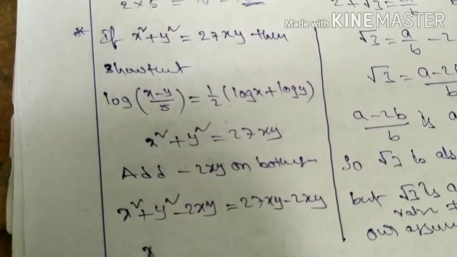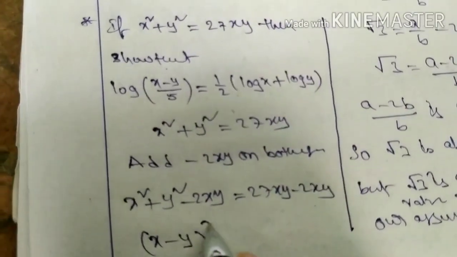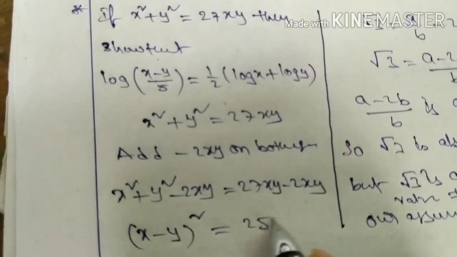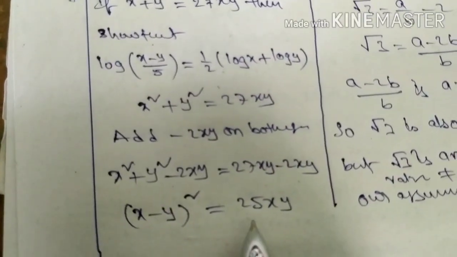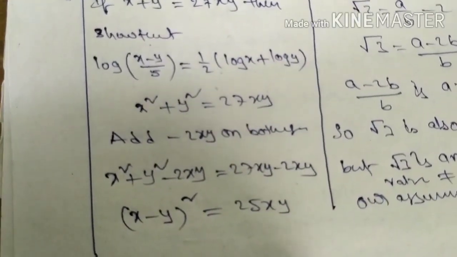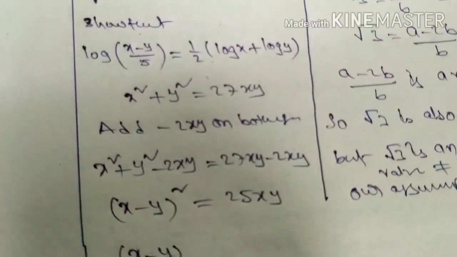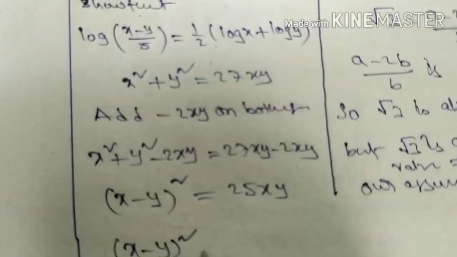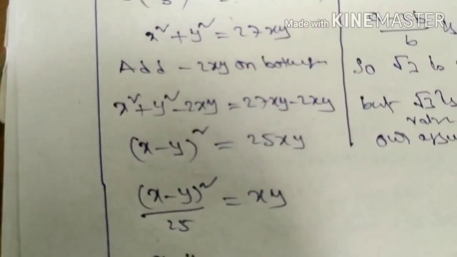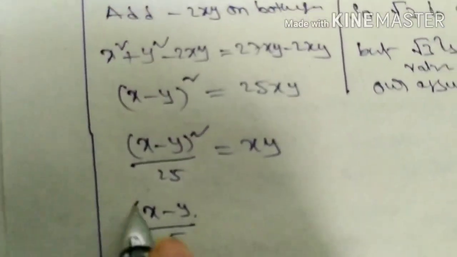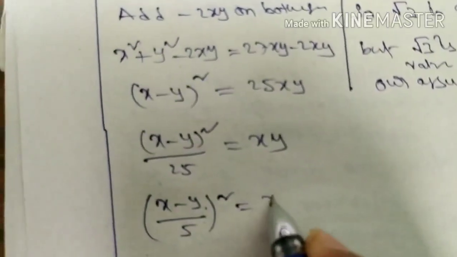Here it is (x minus y) whole square. This is 25xy. After that, take the 25 to this side: (x minus y) whole square by 25 is equal to xy. So now (x minus y) by 5, because 25 is written as 5 square, is equal to xy.